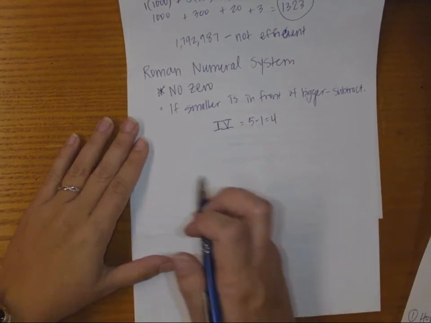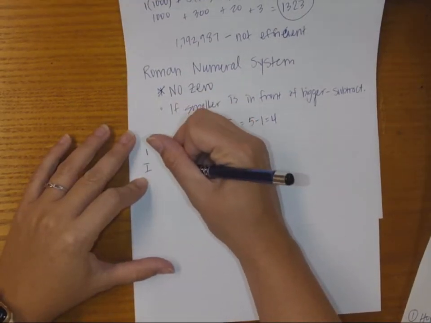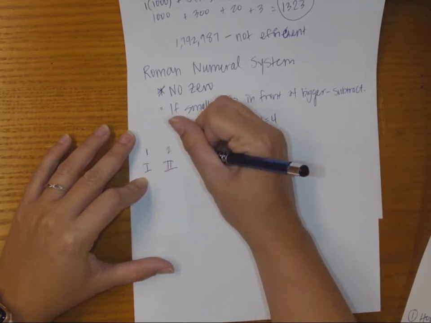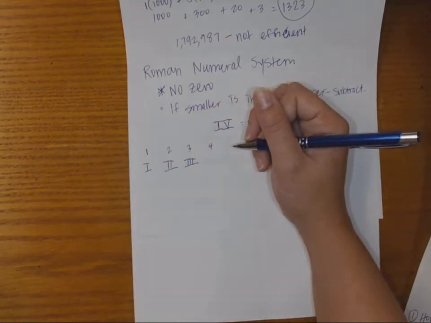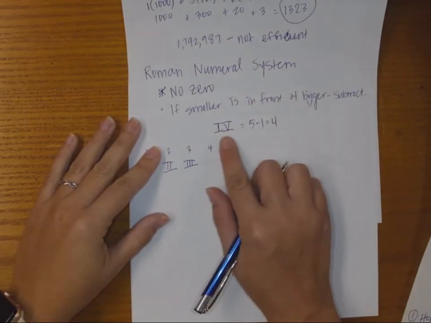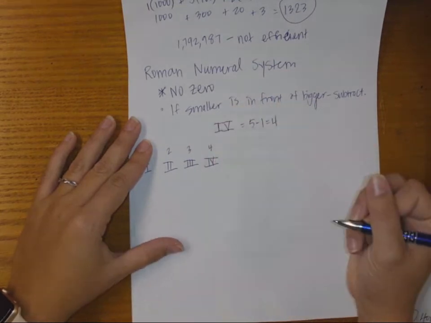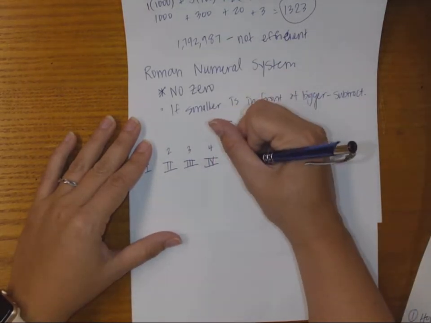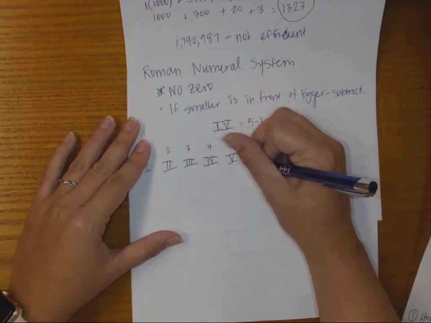So I'm just going to put the numbers 1 through 10. So the number 1 would just be an I. The number 2 would be 2 I's. The number 3 would be 3 I's. The number 4, you sometimes see it with 4 I's, but most time you see it like this because it's faster to write it that way, is 1 before 5. The number 5 is a V. The number 6 is a V plus 1, so 5 plus 1.